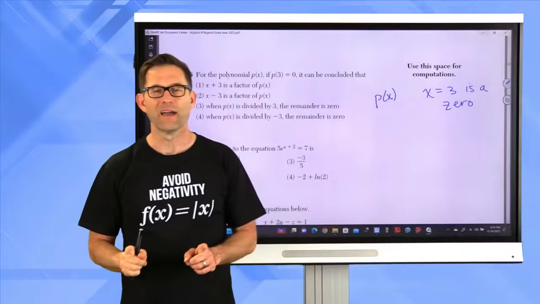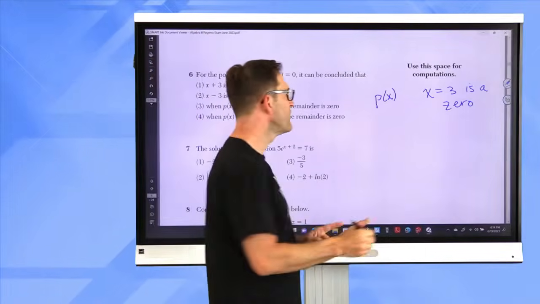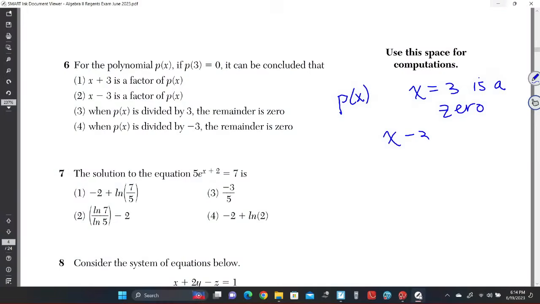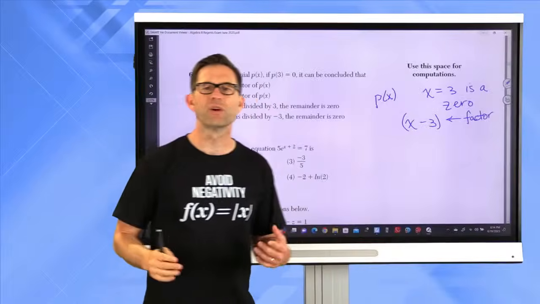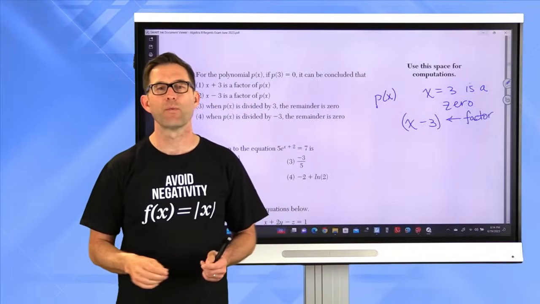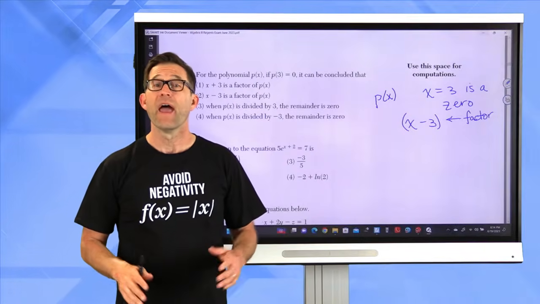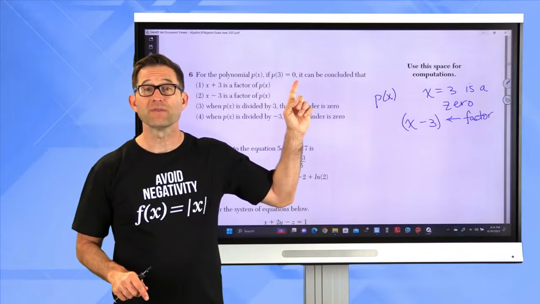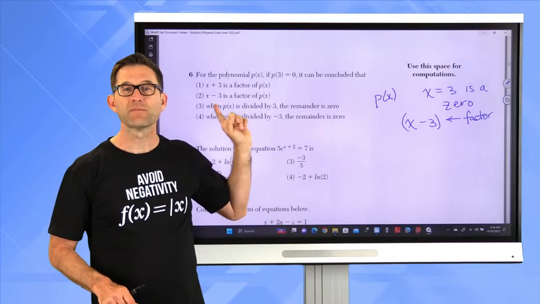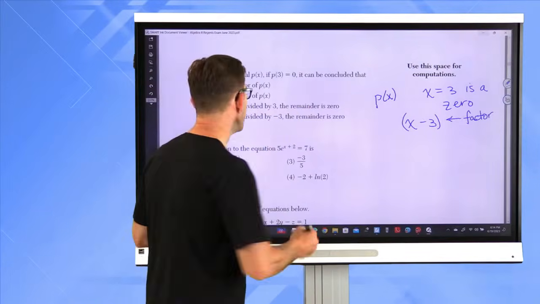And any time I have a 0, then if I do x minus that 0, this becomes a factor. It's what's called the zero product law. It's also an extension of what's called the remainder theorem in Algebra 2. And the plain fact is, if the remainder is equal to 0, then x minus 3 must be a factor of p of x.